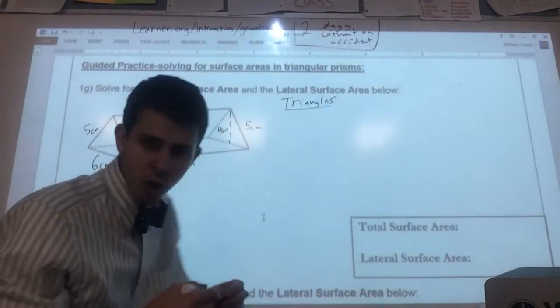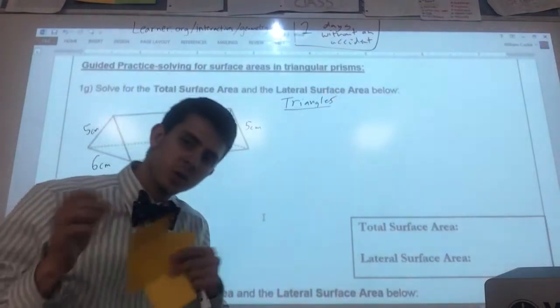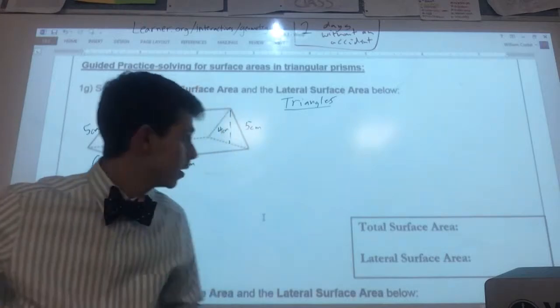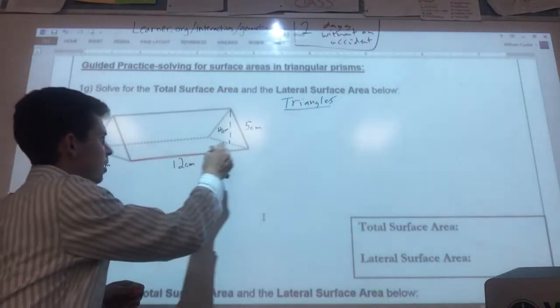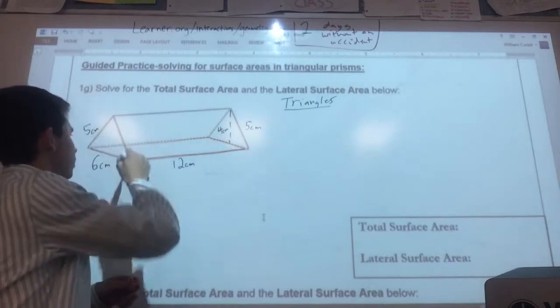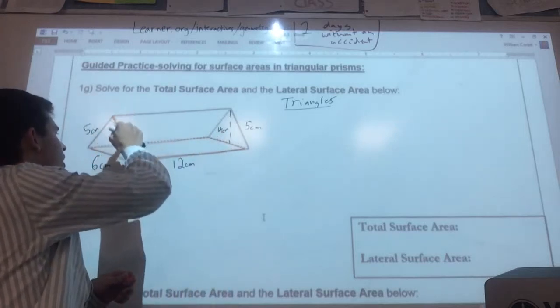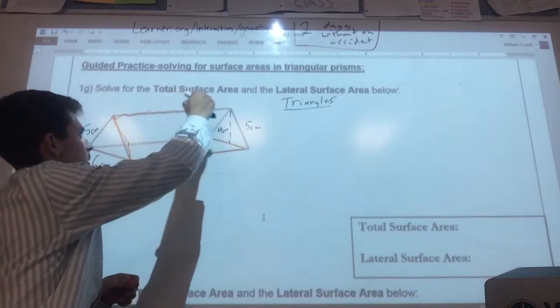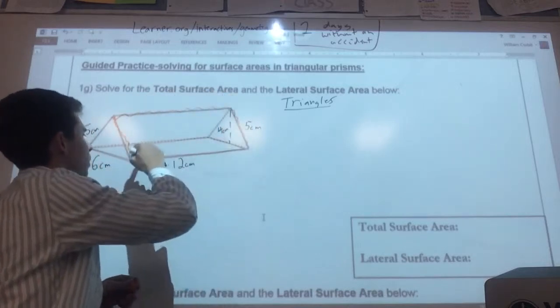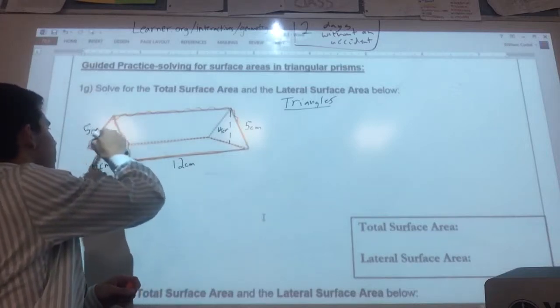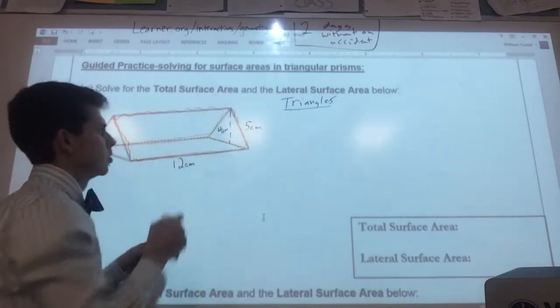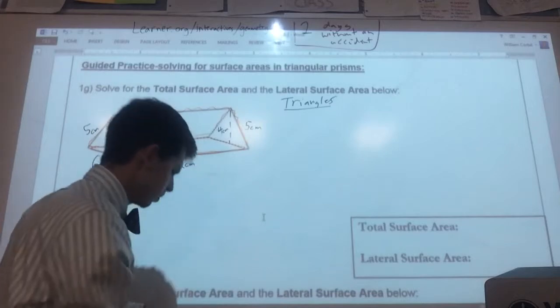And in any triangular prism, there's going to be 3 rectangles. How many rectangles are here? There's 1 here, 1. There's 2 here. And then the third one is in the back here. 1, 2, 3. So there's 3 rectangles.